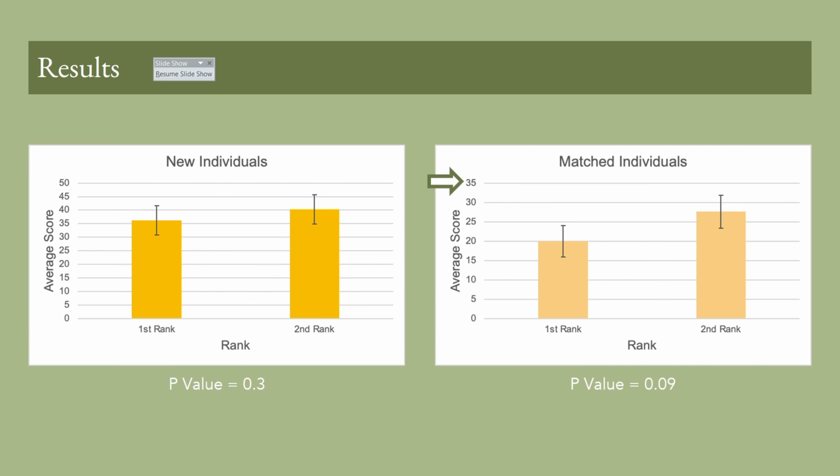This chart shows the average scores of new individuals compared to tree frogs with matches from round 2 for the first and second ranks. Basically, the tree frogs with matches generally have lower scores for ranks 1 and 2 compared to tree frogs without a match.